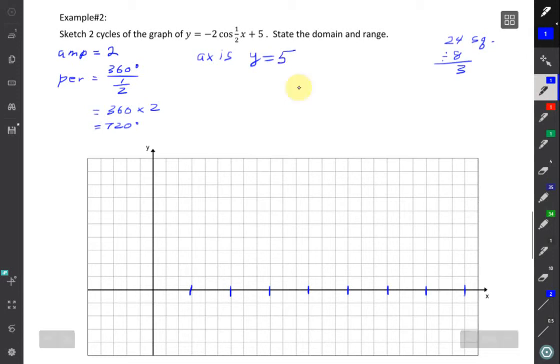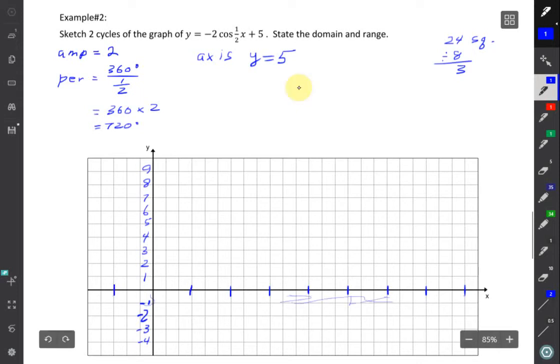So looking at this grid, we'll go up by ones. And then I'm also going to go 3 on this side as well.